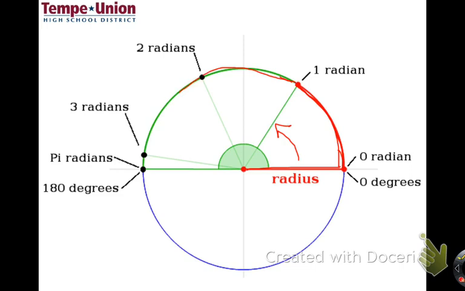And then I would go that same distance again. So there's 3 radians. And then if I went a little bit further, I would get to half the circle. And half the circle is considered pi radians. You can write it out in words like capital Pi like that, or our normal symbol pi radians. So pi radians is half of the circle. It's also 180 degrees, or we say pi radians.